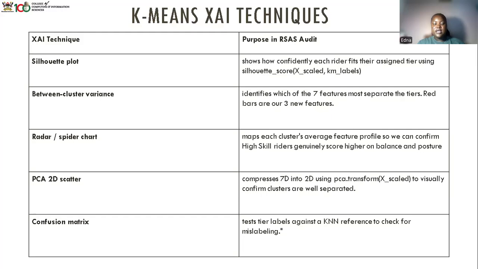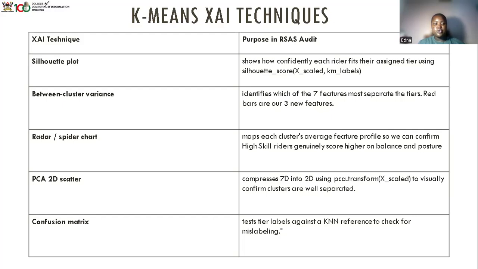Next, we look at our explainable AI techniques, and in this case we have 5. The first is the silhouette plot, which shows how confidently each rider fits their assigned tier.